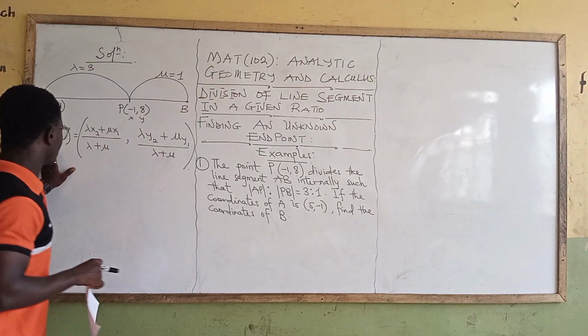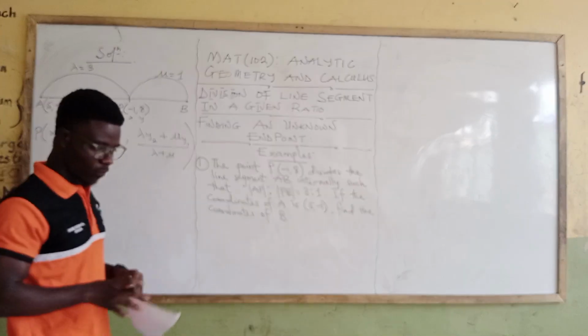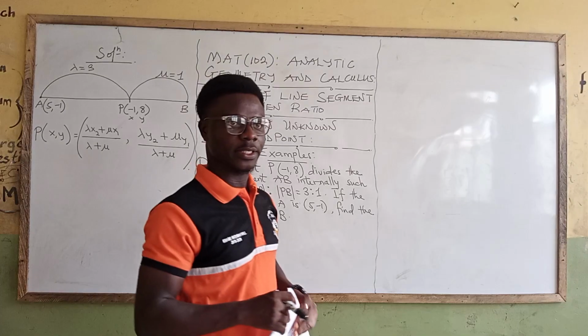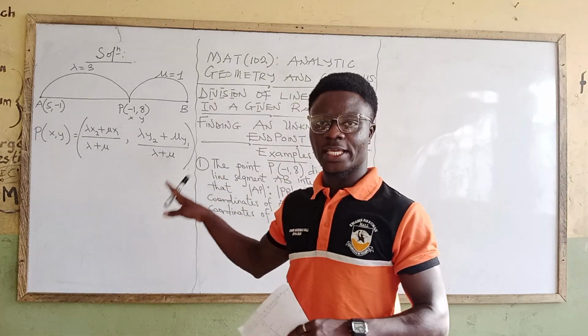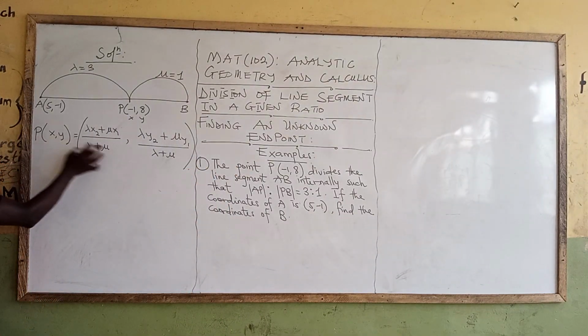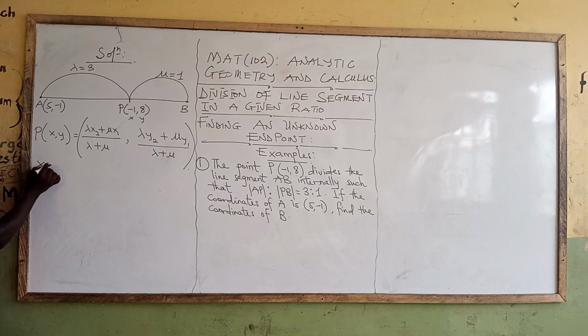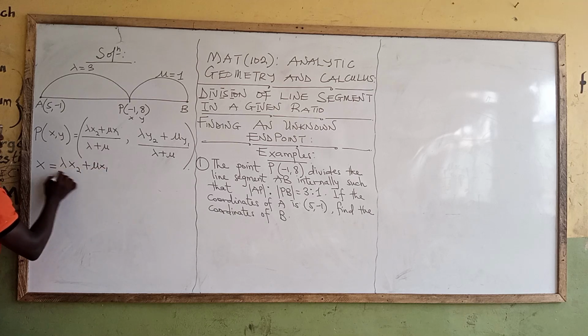You can go and search for that midpoint, how we solve questions on the midpoint of a line segment. We use the same approach to solve that. So my point x is the same thing as that. So I get x equal to lambda x2 plus mu x1 divided by lambda plus mu.